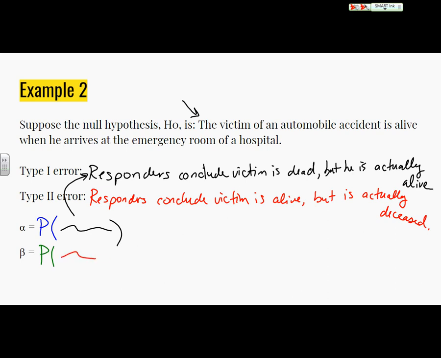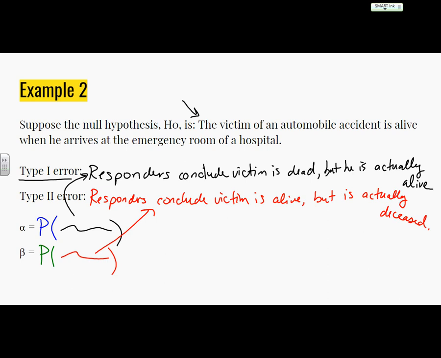So that's the probability that the responders conclude the victim is alive, but is actually dead. We're going to be playing with those probabilities later in a video. It's going to help me make my decision and hopefully reduce, if not minimize, the idea of me making a type 1 or type 2 error. I'll be able to describe that better in a later video.